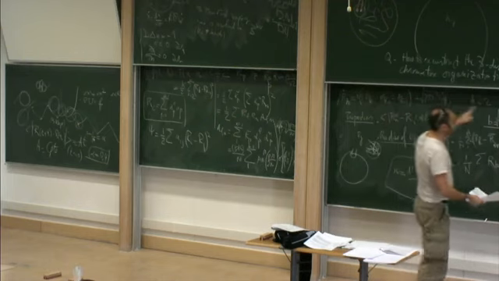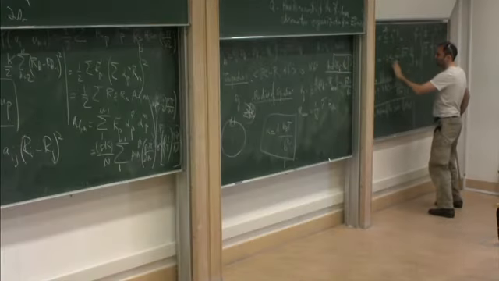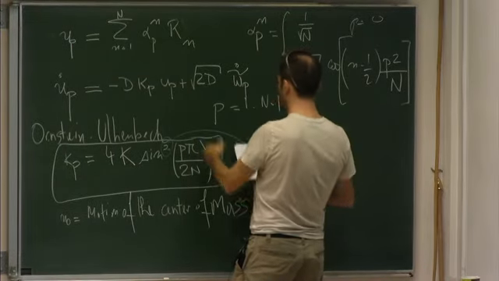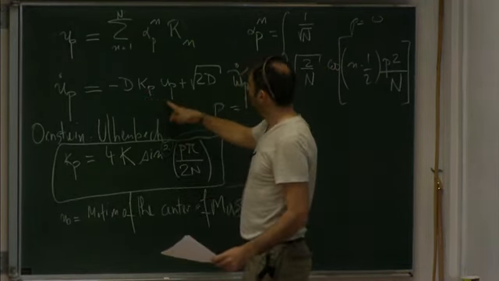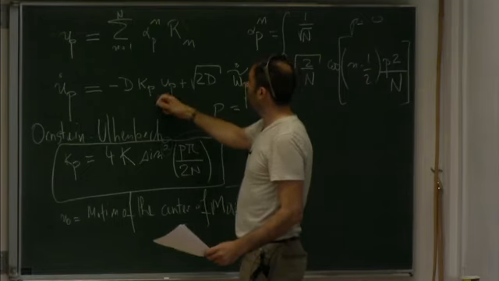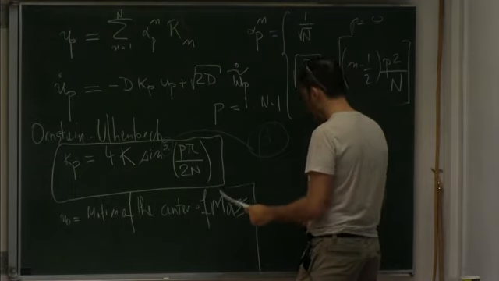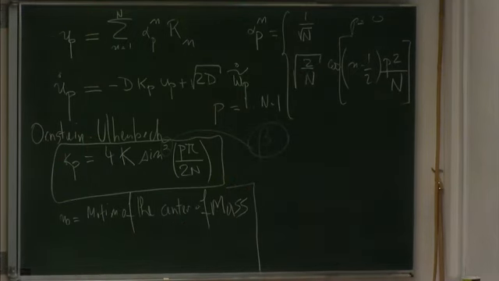From this, we could estimate the Ornstein-Uhlenbeck process. From this, we can calculate, so the mean is going to be 0. This is classical Ornstein-Uhlenbeck. And then from this, we can calculate the mean square displacement, which for the Ornstein-Uhlenbeck process is very well known. So I'll start probably writing here.